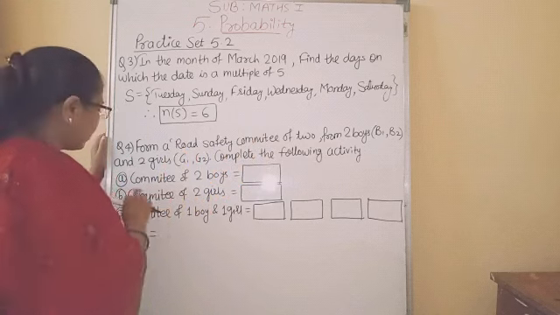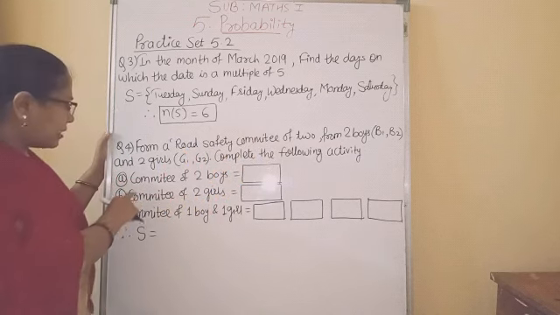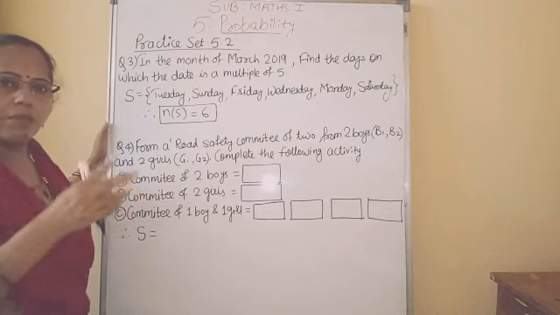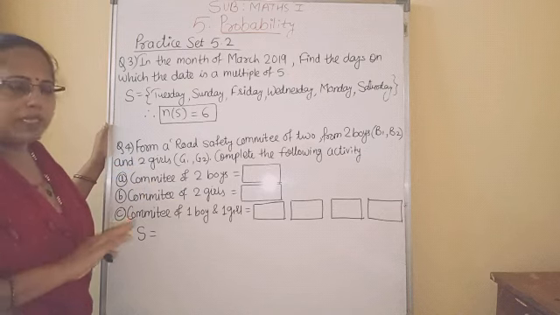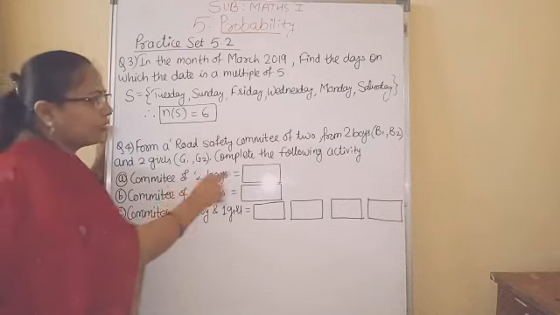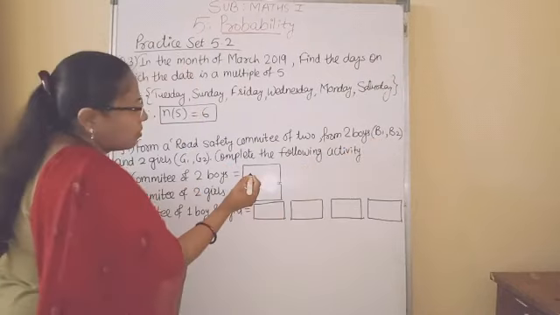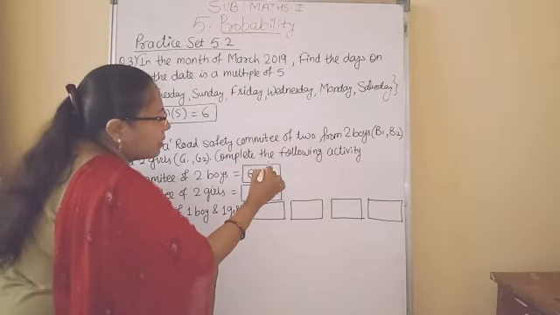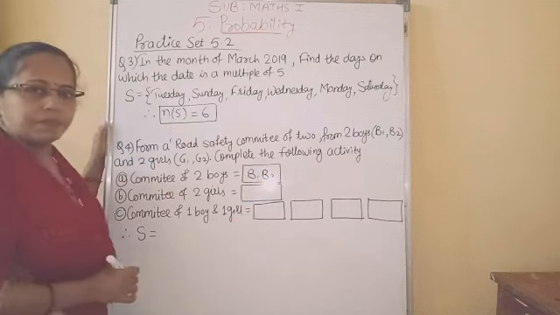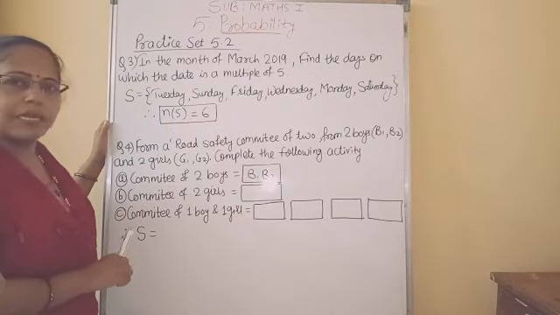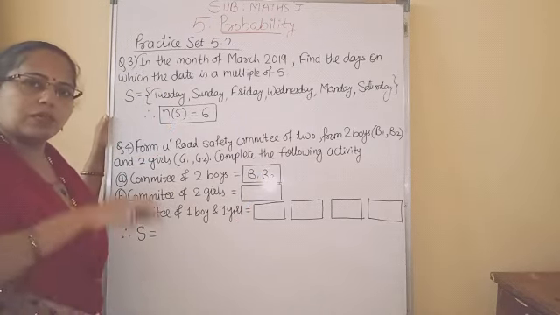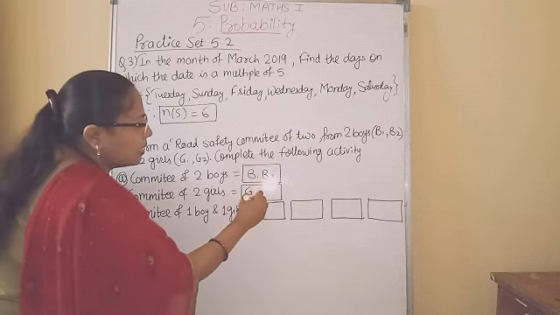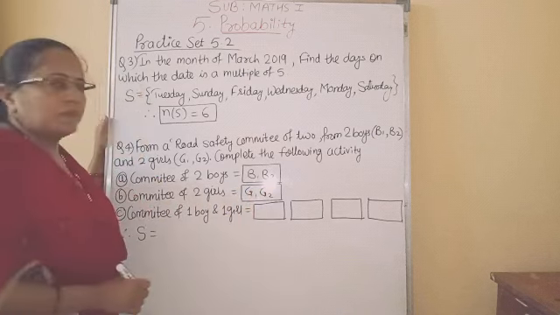Complete the following activity. So these are the possibilities. First, maybe in that committee both the members are boys. So a committee of 2 boys. There are 2 boys B1, B2. So the first sample point will be B1, B2. Second possibility is maybe the committee will have both the girls, G1, G2.